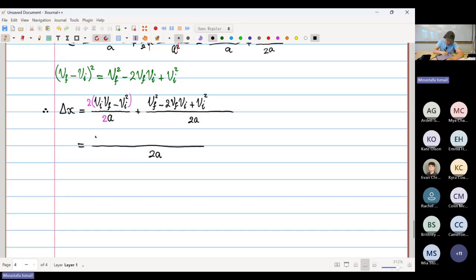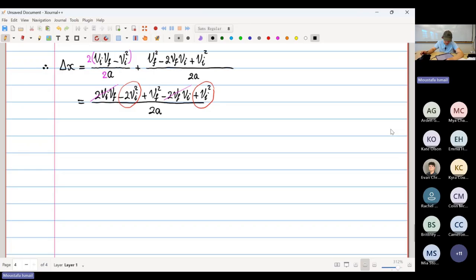And up there I have 2 Vi Vf minus 2 Vi squared plus Vf squared minus 2 Vf Vi plus Vi squared. As you can see, those cross terms cancel. And I have negative 2 Vi squared and positive Vi squared. So that gives me negative Vi squared. So that becomes V final squared minus V initial squared divided by 2A.